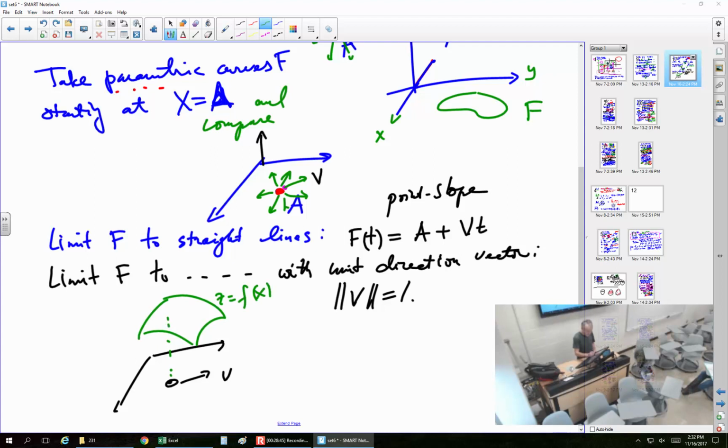Okay, so this is my point A. This is a unit vector v, and now I'm taking the composition, and as we just did a couple of times this week, h of t is equal to f of F of t, which gives me the elevation as a function of time.